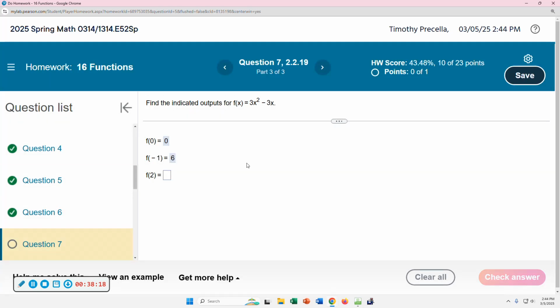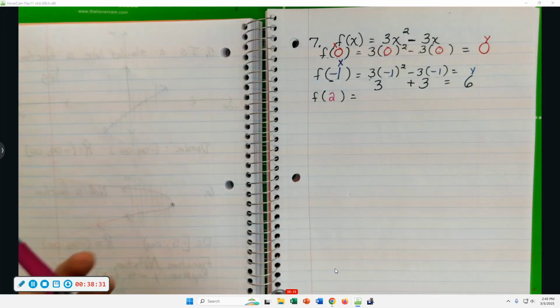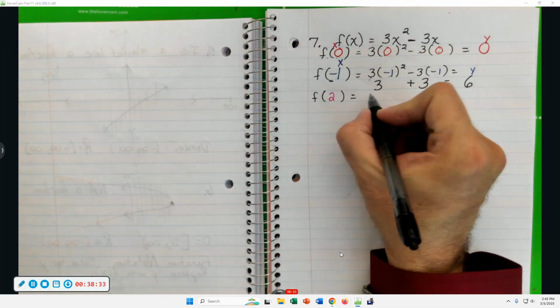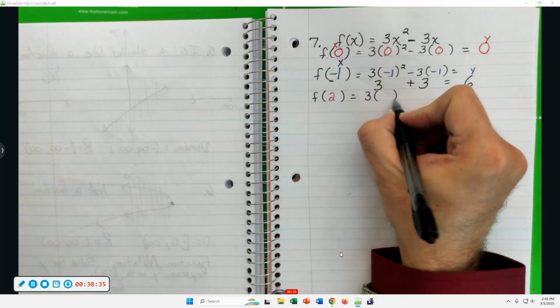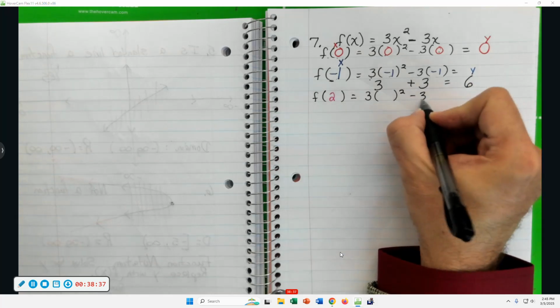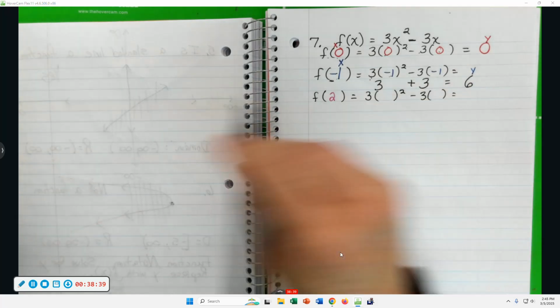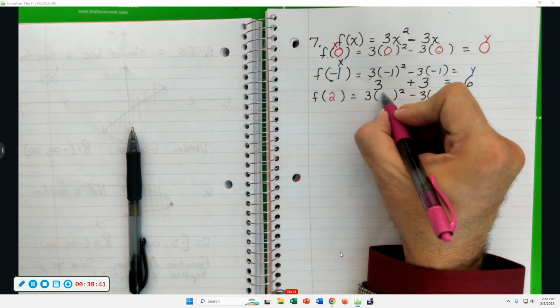In words, what is this telling me to do? Plug what in for what? Plug in 2 for x, f of 2. So we go to our function, replace every x with a 2. Now be careful.